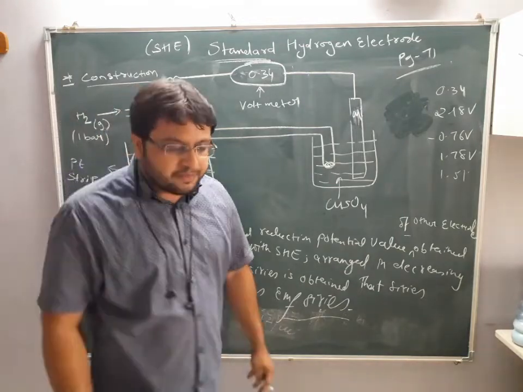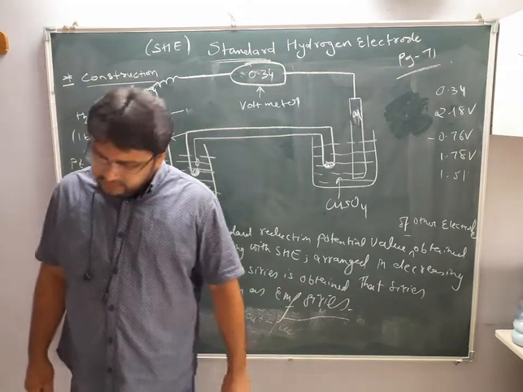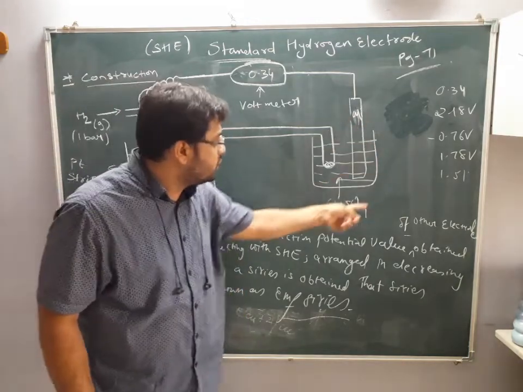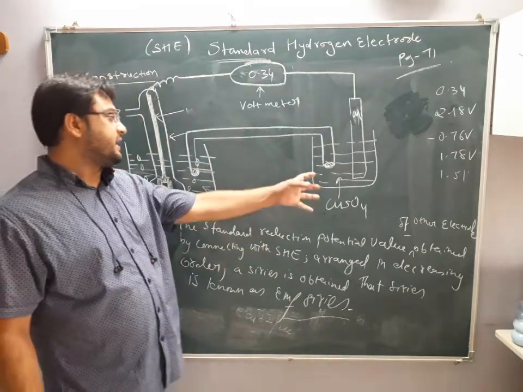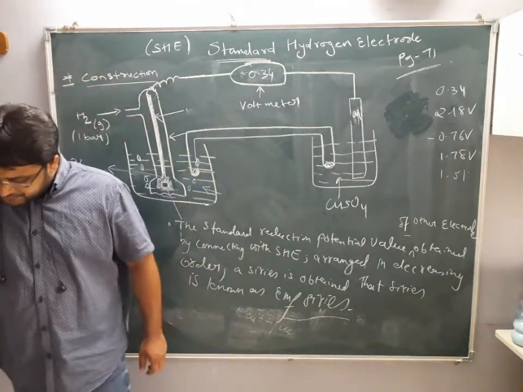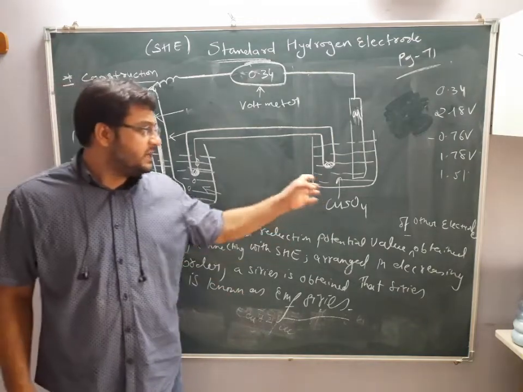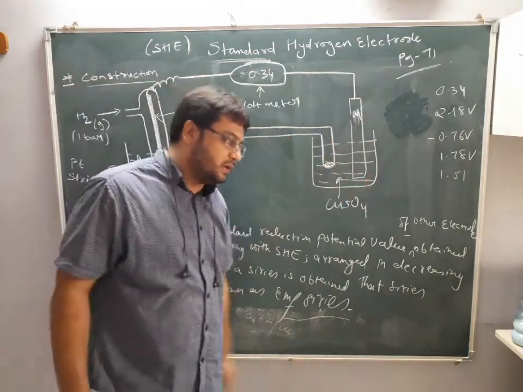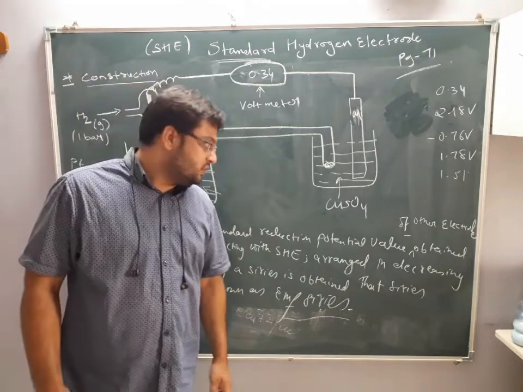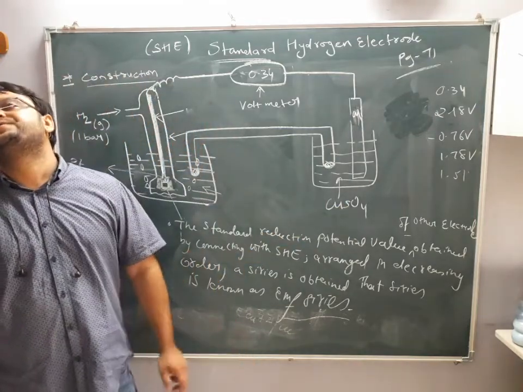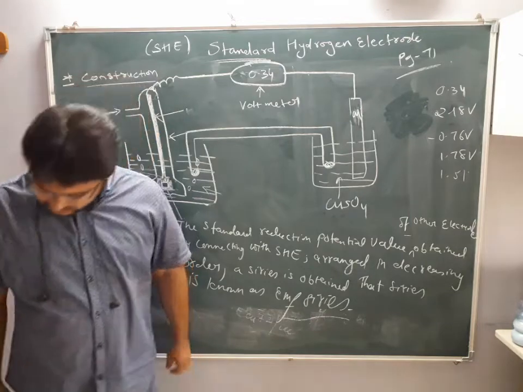Next definition. If the reduction potential values of second electrodes which are connected in a cell are arranged in decreasing order, the series so obtained is known as the EMF series.